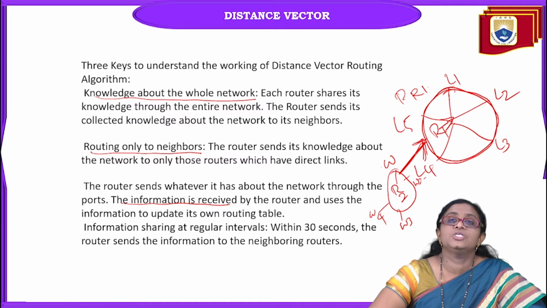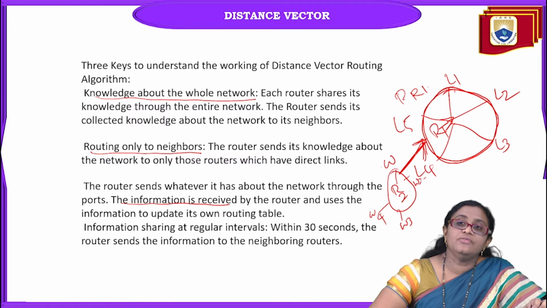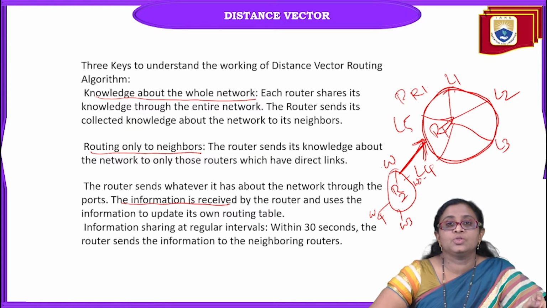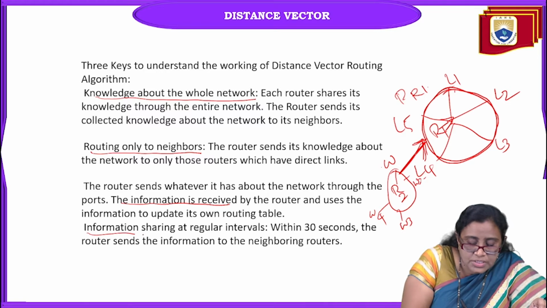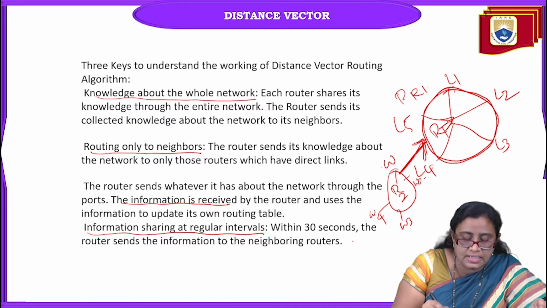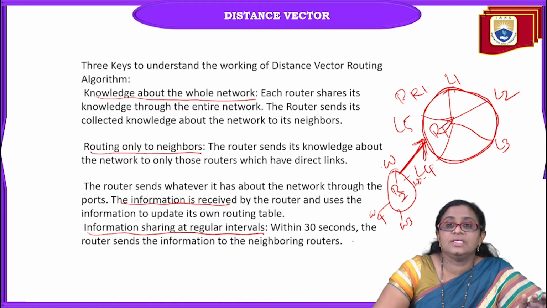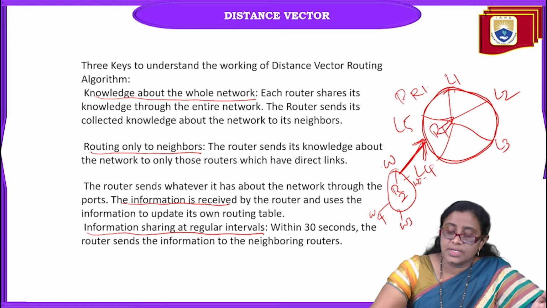The third one is the information. The router sends whatever it has about the network through its ports. The information is received by the router, which uses it to update its own routing table. Information is shared at regular intervals, within 30 seconds, when the router sends the information to the neighboring routers.